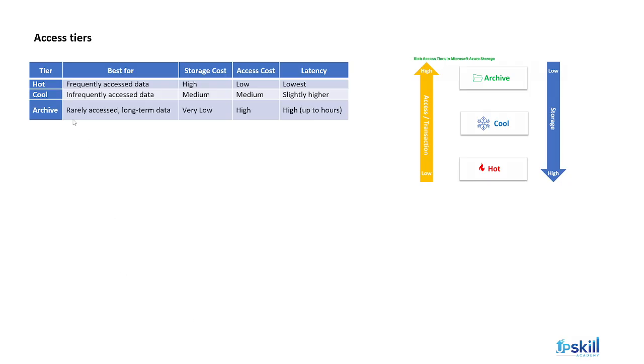Now coming to the last one, the archive or cold access tier, which is for rarely accessed data or long-term data. Let's take an example. Suppose you opened a bank account, took a loan in 2015, and closed this account in 2020. All right, for 5 years you used this account for the loan department.